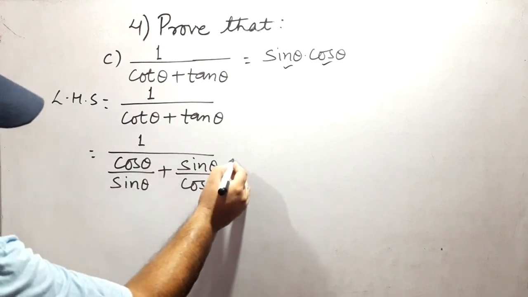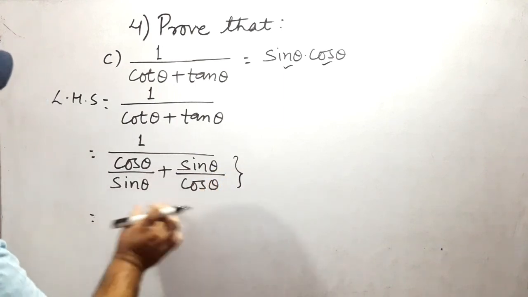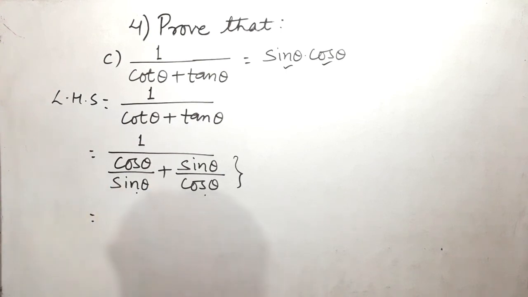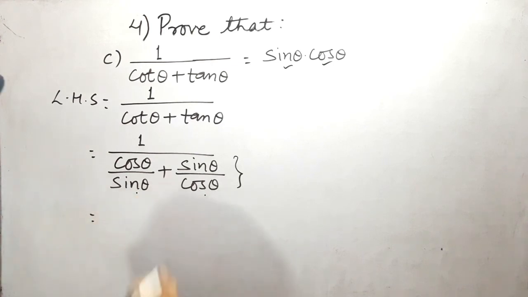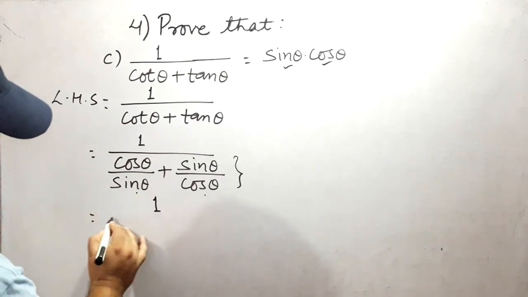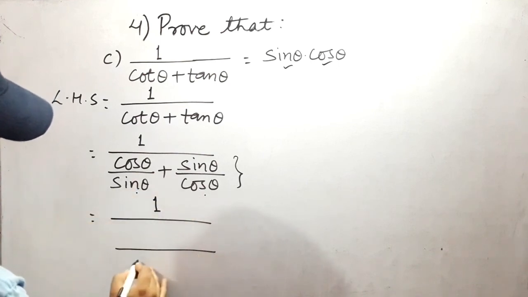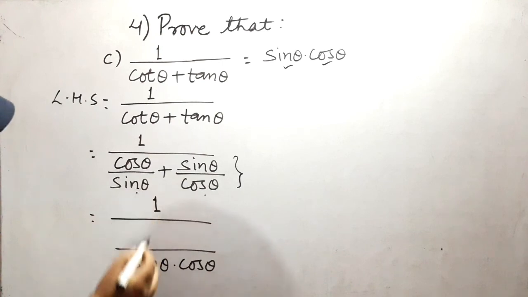Now let us say in this part we have to simplify them. While simplifying, we shall take the LCM of sin theta and cos theta. So the LCM of sin theta and cos theta would be sin theta into cos theta. So 1 by, take the LCM of sin theta and cos theta, sin theta into cos theta. We are operating on this lower part. So sin theta and sin theta cancel.